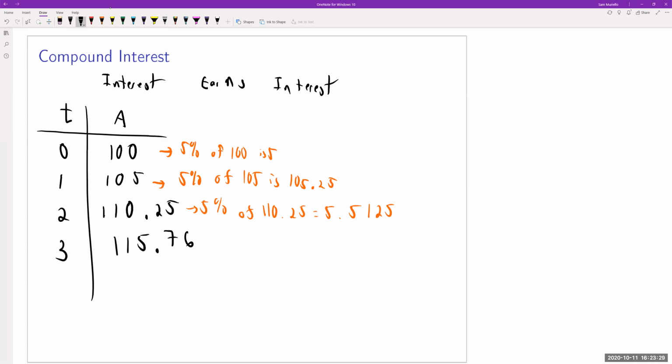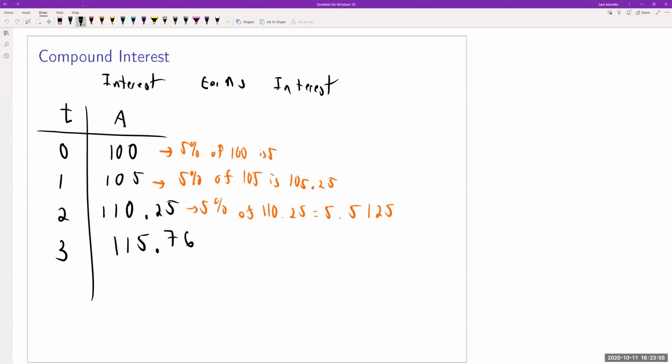Now, this interest compounding is what ends up making a difference. After 3 years of compounding this interest, we're up about 76 cents over what we would have been with simple interest. So it's not a huge deal in this case, but it ends up being significant. And the formula here is that each time you're simply multiplying by the new percentage.